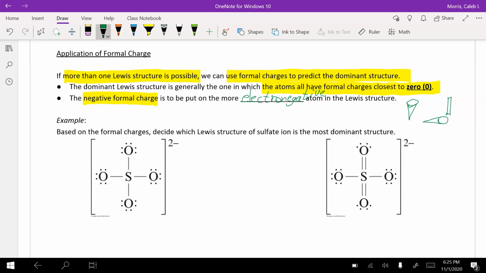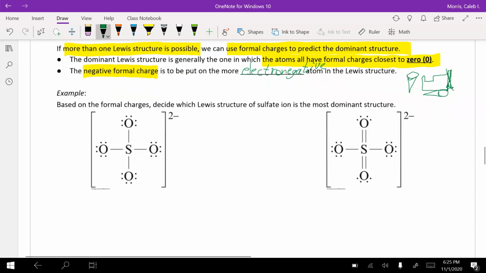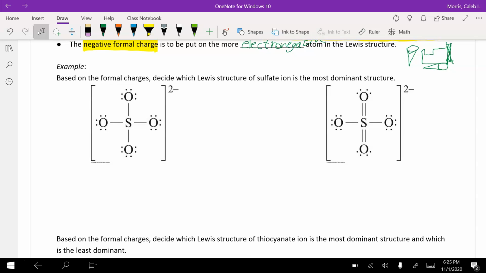Remember that the last column, the noble gases, do not count, okay? But it's the snowman trend for all of the other parts of the periodic table, excluding the noble gases.